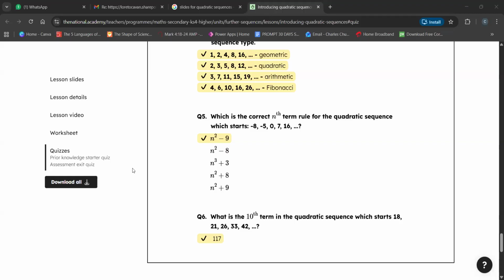So let's see if we can get that out on this one.